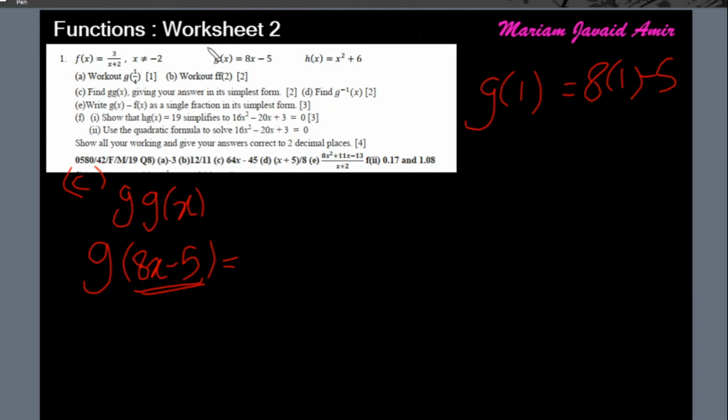So in g(x), instead of x, I will write 8x minus 5. So I had 8, I'll write 8, then I'll write 8x minus 5 instead of x, and then I'll write this minus 5.